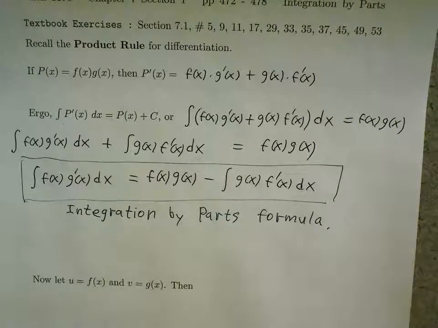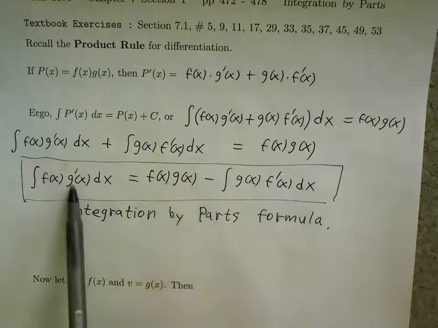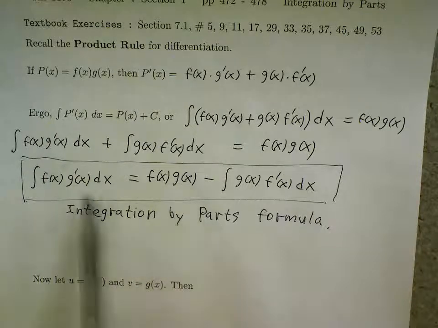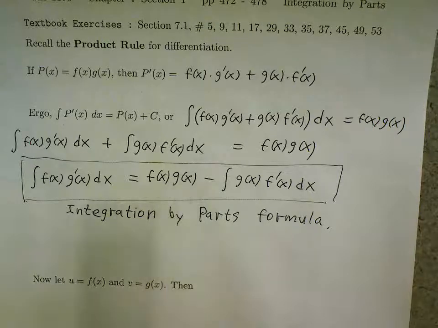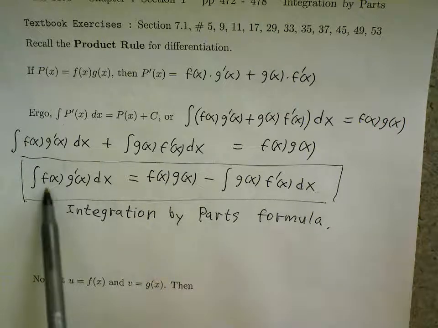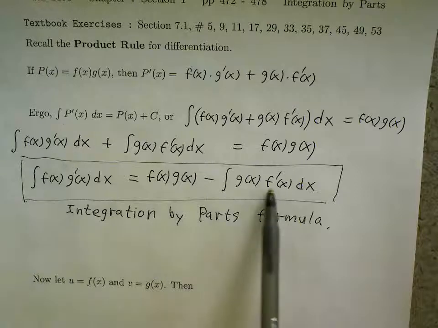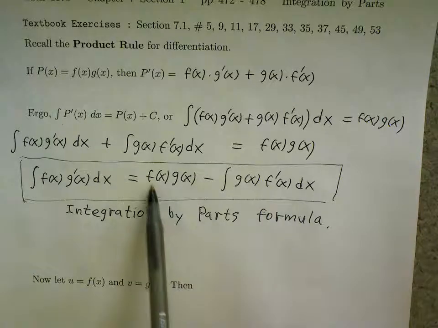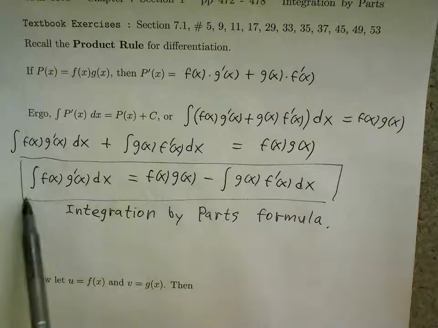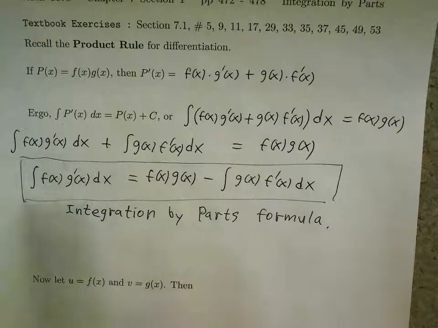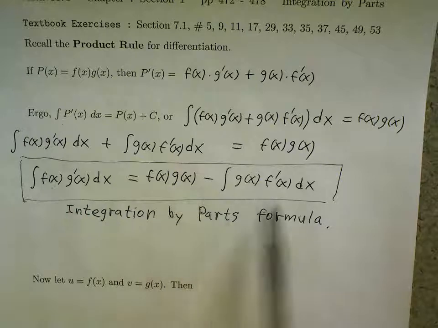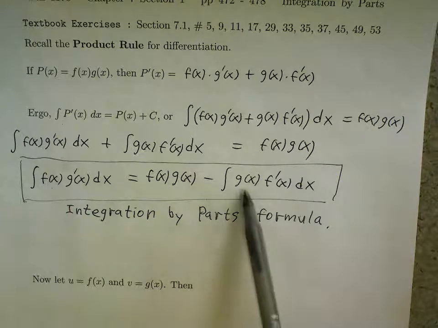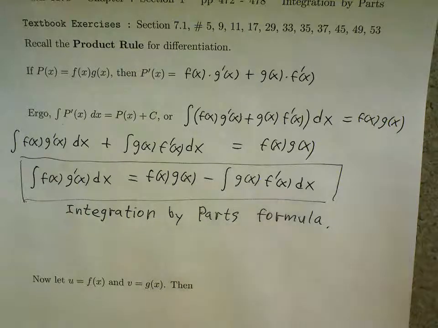So after you decide, if you know what g prime of x is, you can find the antiderivative of that to get g of x. And if you know what f of x is, you just take the derivative to find f prime of x, and then write the indefinite integral of that product as f of x times g of x minus the indefinite integral of g of x times f prime of x dx.